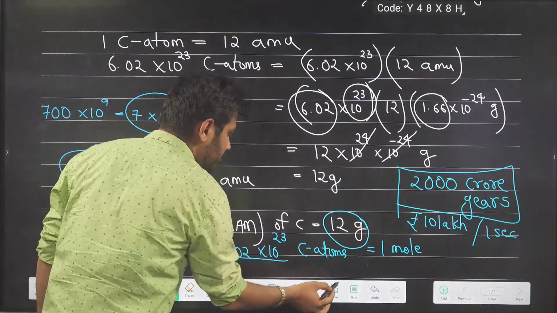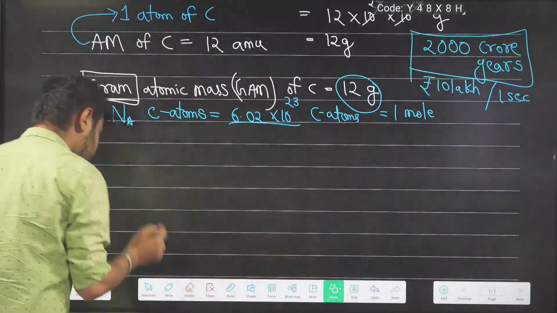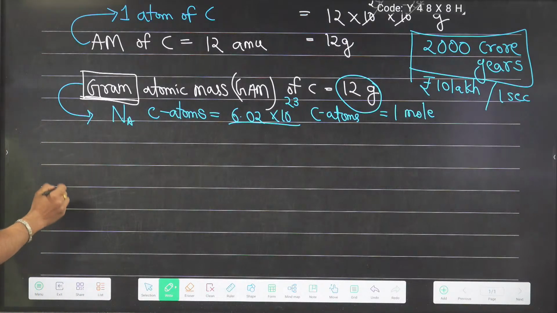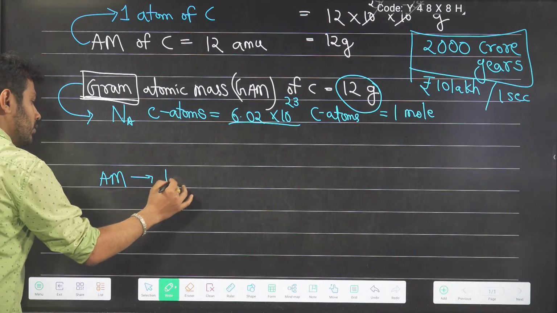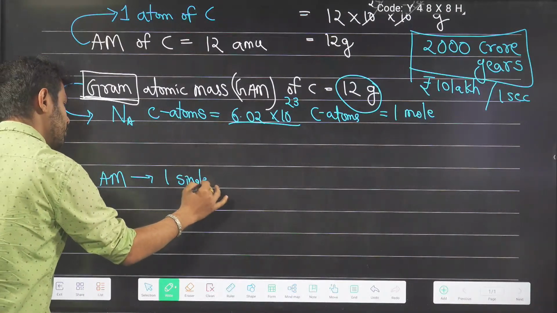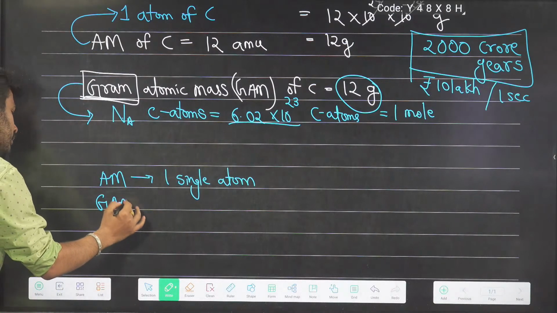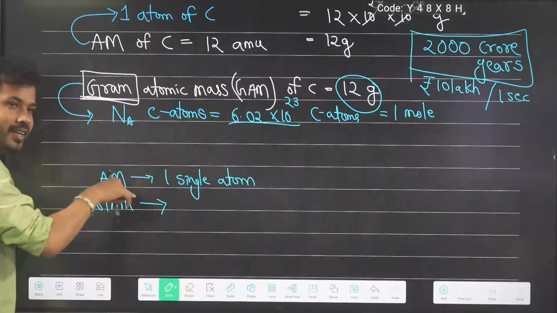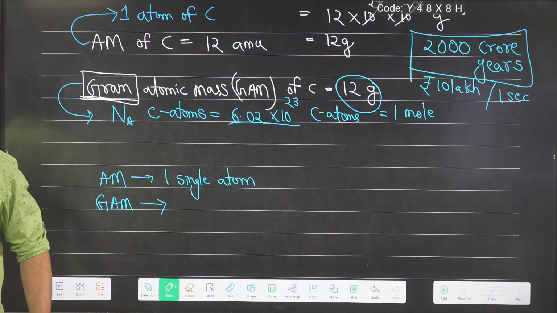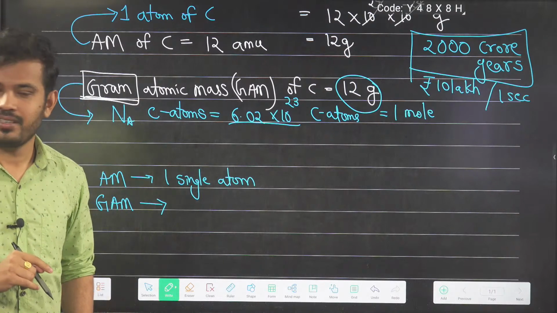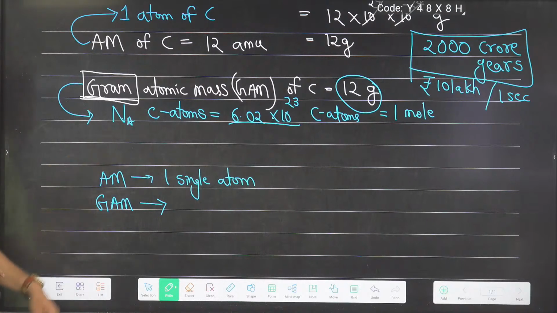What is atomic mass and what is gram atomic mass? Once again I am telling in simple words, atomic mass refers to 1 single atom. Gram atomic mass refers to how many atoms?